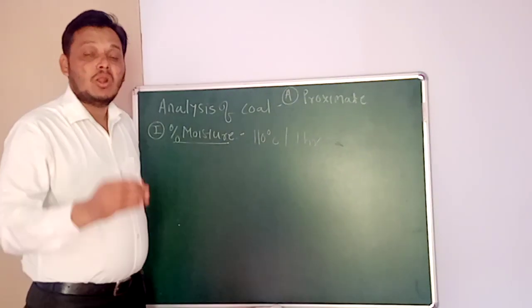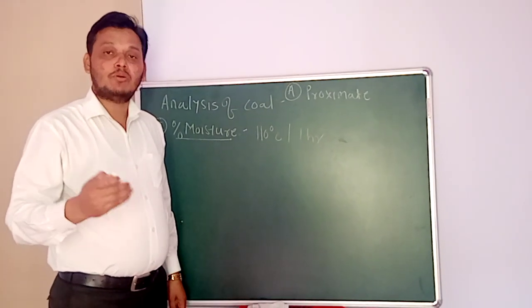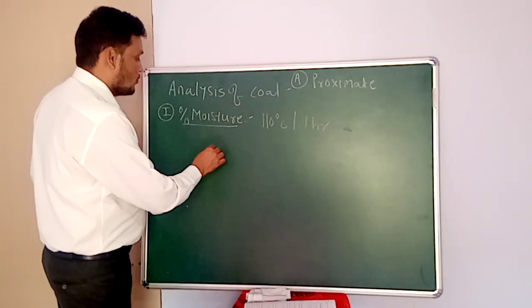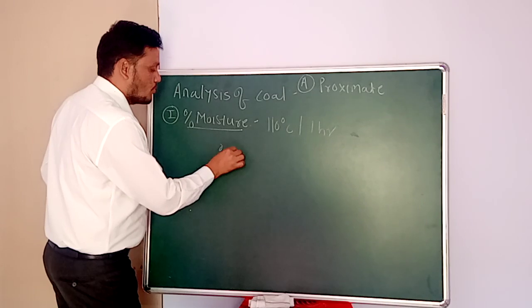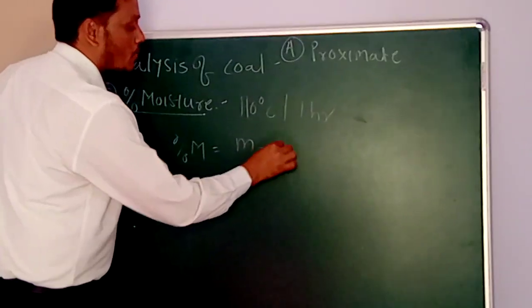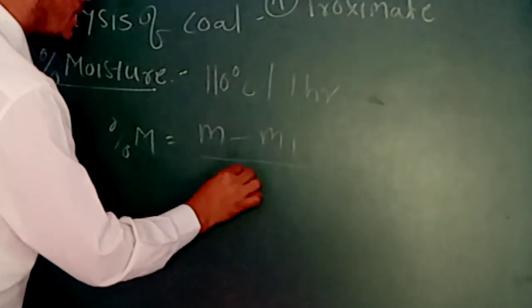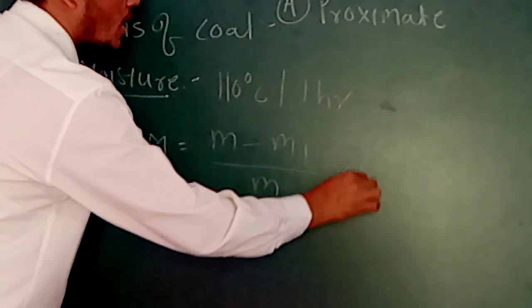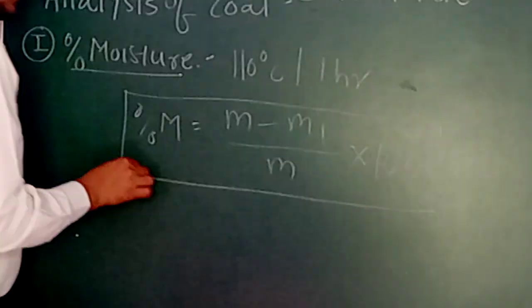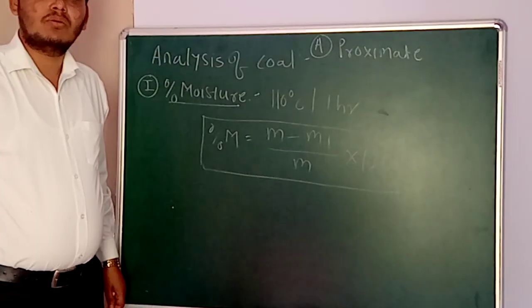Then loss in weight divided by weight of coal into 100 gives the percentage of moisture. The formula is percent M equals M minus M1 divided by M into 100.